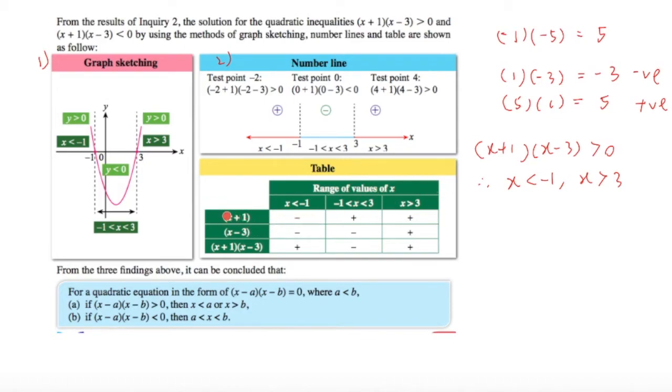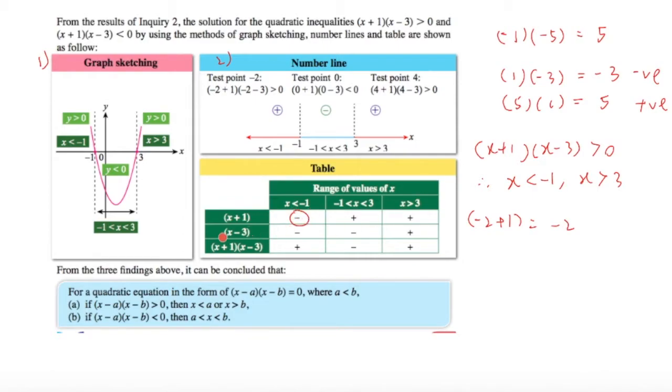Okay, if it's x plus 1, if it's x minus 3, then you see this one. Less than negative 1, maybe you put negative 2. You put negative 2 inside, negative 2 plus 1, you get negative, so you put negative here.